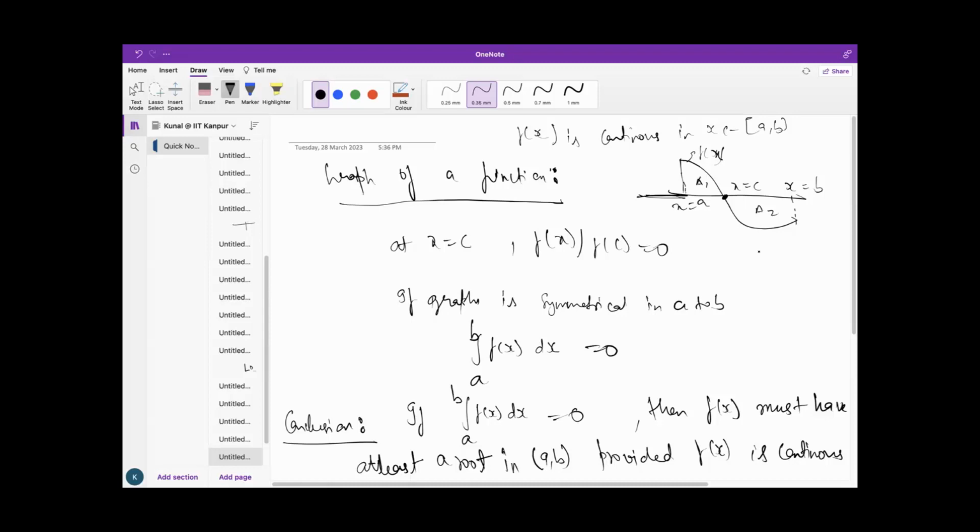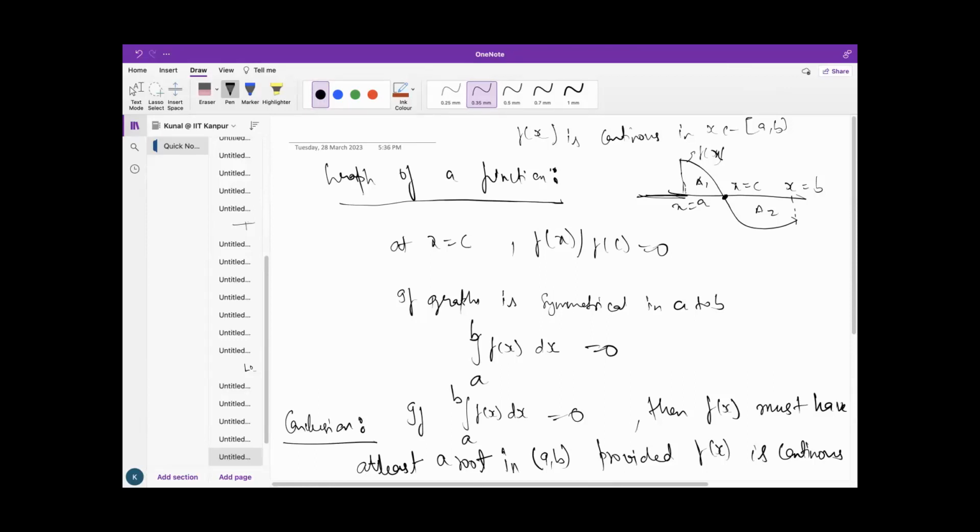So that means the integration of f(x) dx from A to B is 0. So what it represents, there is a value of x, let us call it c, where our function value is 0. There is some value where our function value gets 0.